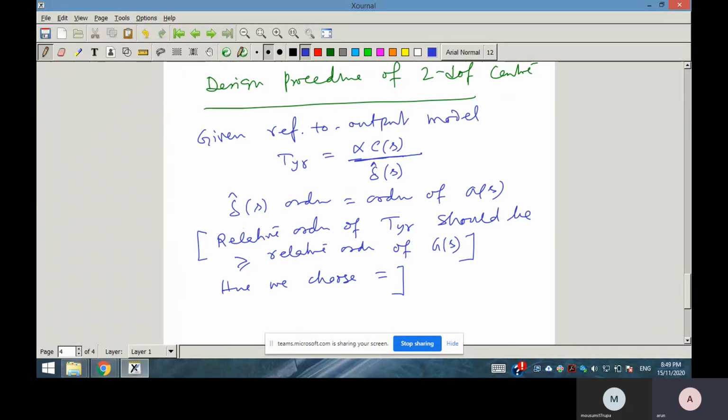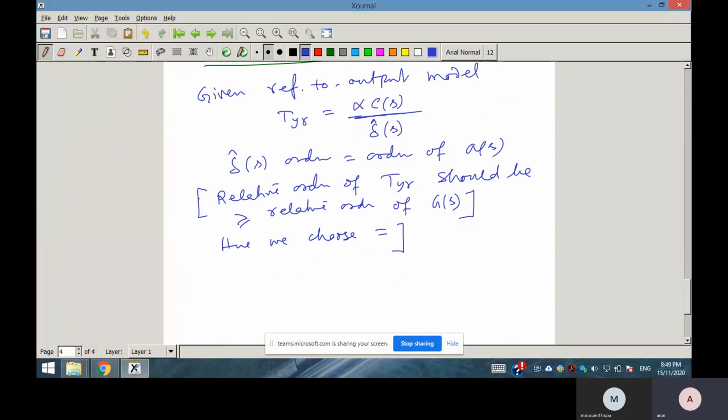But remember that the zeros of the plant have to be retained, particularly the non-minimum phase zeros. If you do not retain a non-minimum phase zero here, then you cannot achieve that model matching using 2 degree of freedom control. So this is another restriction: I have chosen that the zeros of the plant are retained in the TY to R characteristics. So this is the relative order.